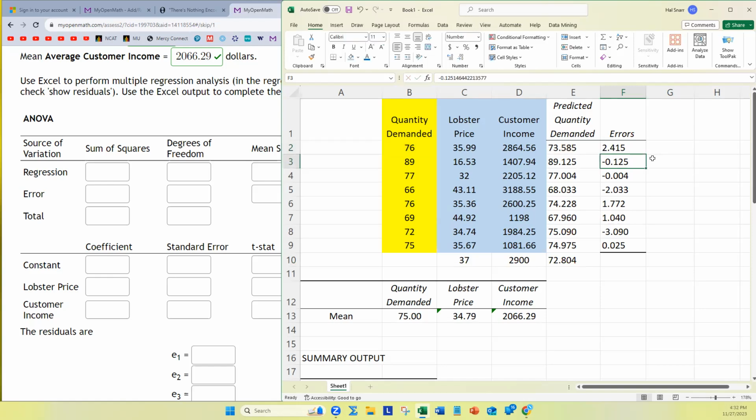See that? You can do that for the rest of them. Notice the numbers do not change, right? The numbers do not change. So again, my observed value minus what my model predicts, et cetera, right?